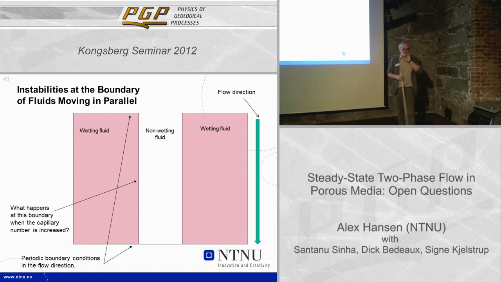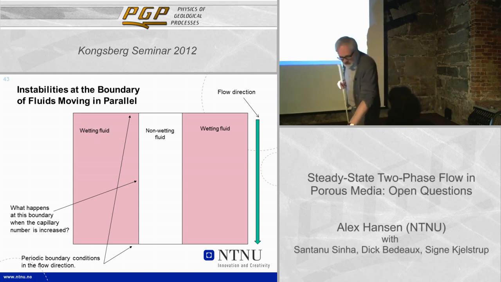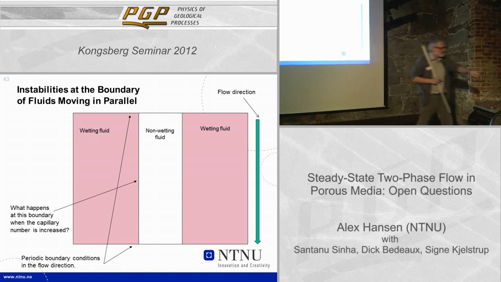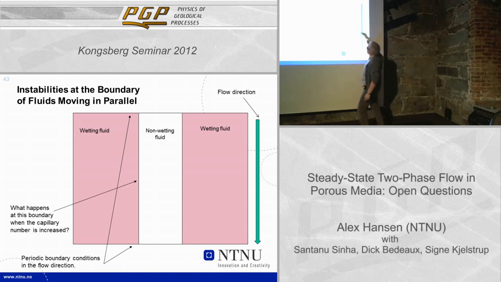Let me now turn from something which is slightly older, but we're still very much trying to understand this, and that is what happens if you have two liquids inside the porous medium. Here's a wetting liquid, here's wetting liquid.